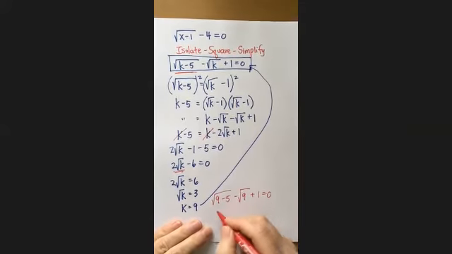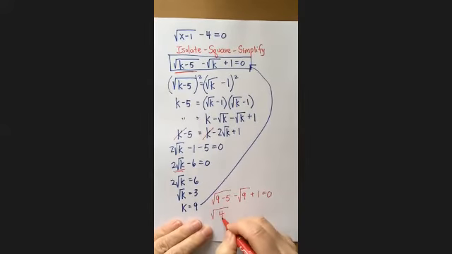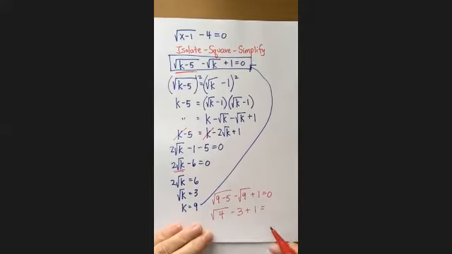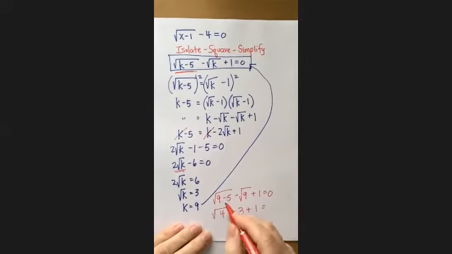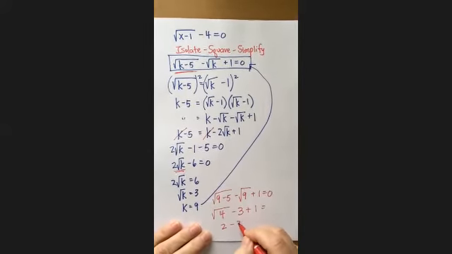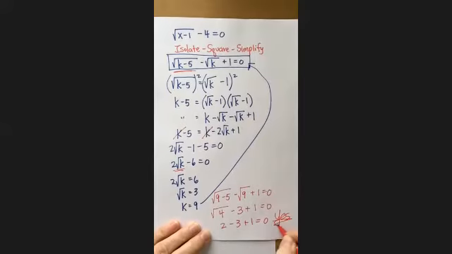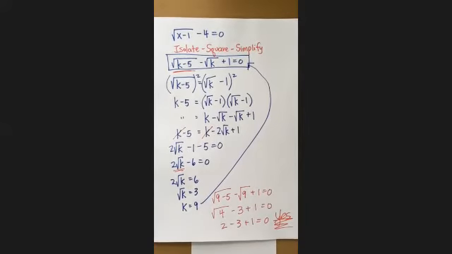And we work this out. 9 minus 5 is 4, and the square root of 9 is 3. And so we have square root of 4 is 2 minus 3 plus 1. That should be 0 equals 0. Let's see, 2 minus 3 is minus 1 plus 1 is 0. Yes. So it has been proven true.